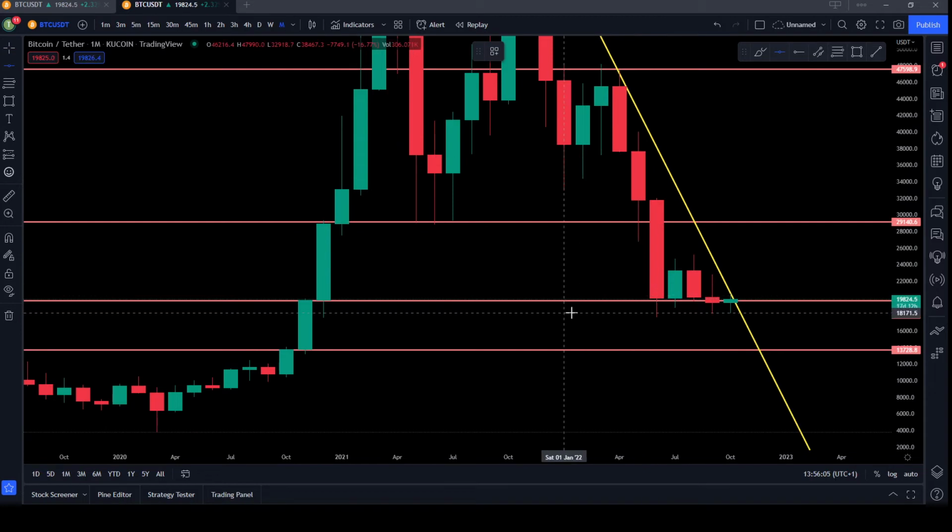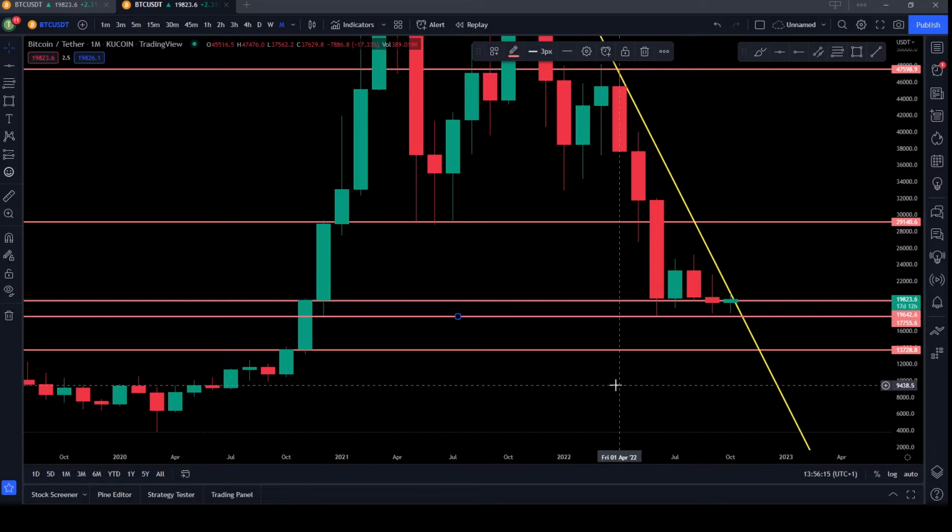Ultimately it's so subjective that it's probably more beneficial to go with zones, or areas of interest, rather than just the line. So this is just to get you started.